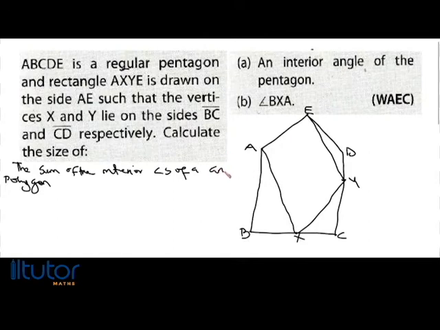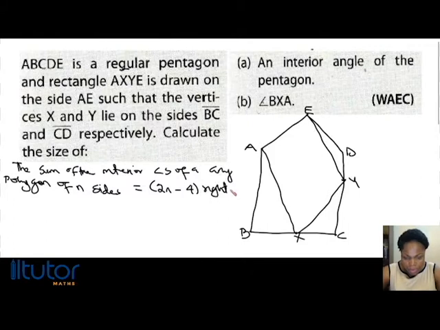n sides is equal to 2n minus 4 right angles. Now you know that a right angle is 90 degrees. So this is equal to 2n minus 4 times 90 degrees.